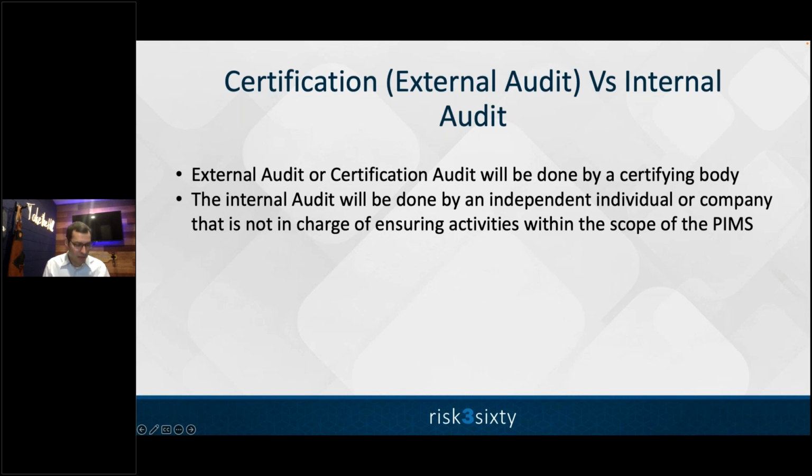So those standards are being met, and that organization is accredited to issue ISO certifications. The internal audit is a requirement, and it is done by really anyone who is qualified and who is independent of the PIMS activities. It's PIMS, Privacy Information Management System, by the way.